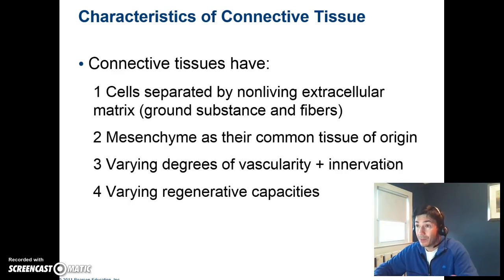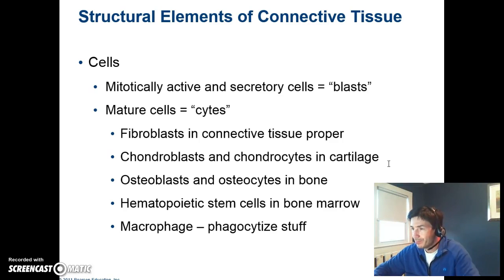Just to give you an example, cartilage doesn't regenerate very easily. If anybody's ever damaged their meniscus or started to develop arthritis, you know cartilage doesn't grow back very easily. Blood, on the other hand, you are always replacing. So blood is a connective tissue that is easily regenerated.